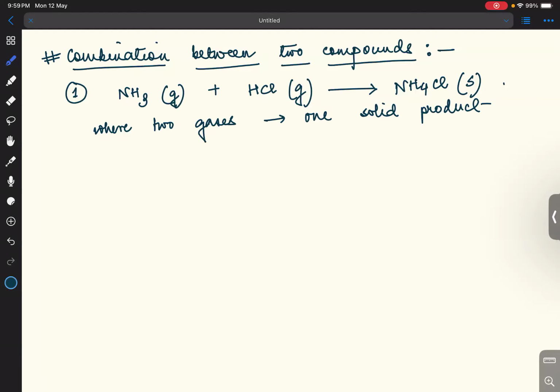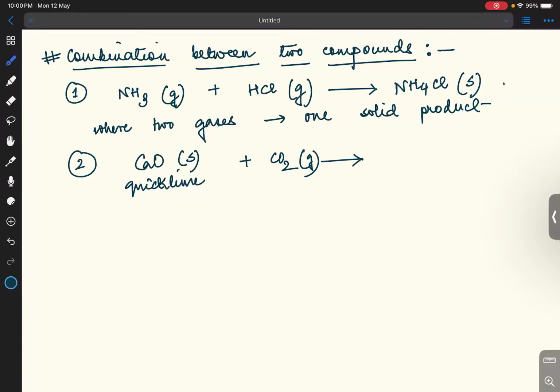Next example can be calcium oxide. Common name of calcium oxide can also be quicklime. When it reacts with carbon dioxide, it will give us, so calcium oxide is solid and carbon dioxide is gaseous. So the reaction takes place in such a way that the carbon dioxide reacts on quicklime.